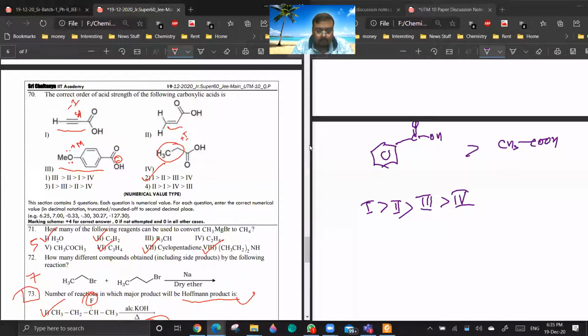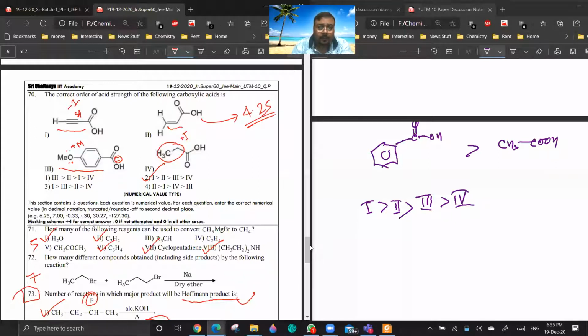See, what I am saying is that in these cases, you cannot actually predict the order based on the logic of the effects, because there are two effects which are opposing each other. Are you getting a point?